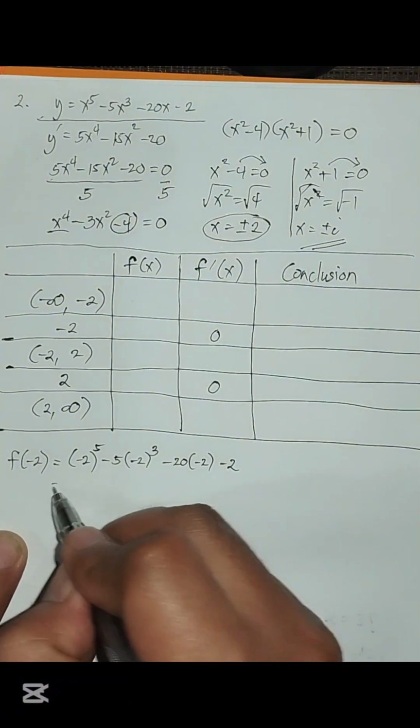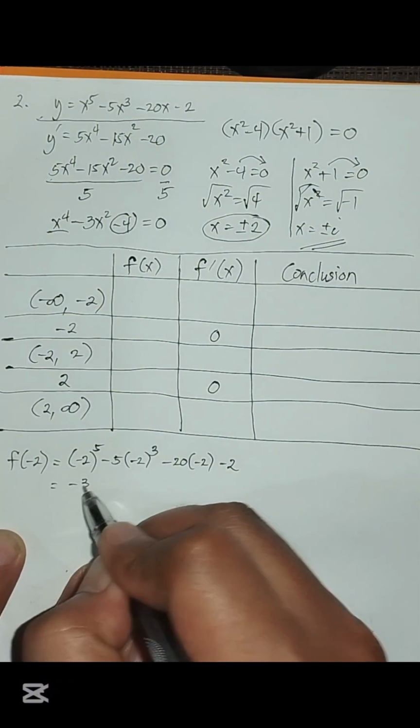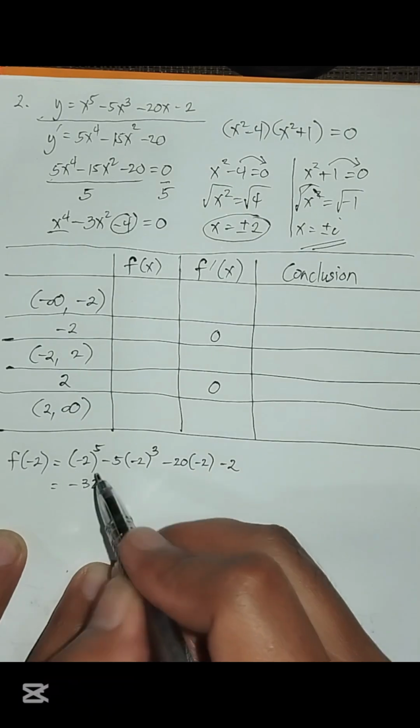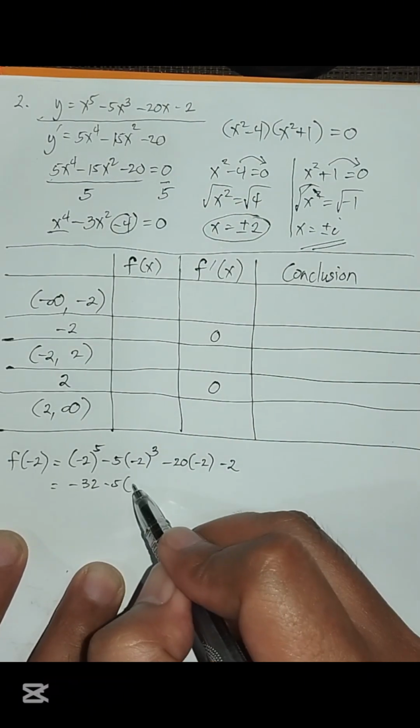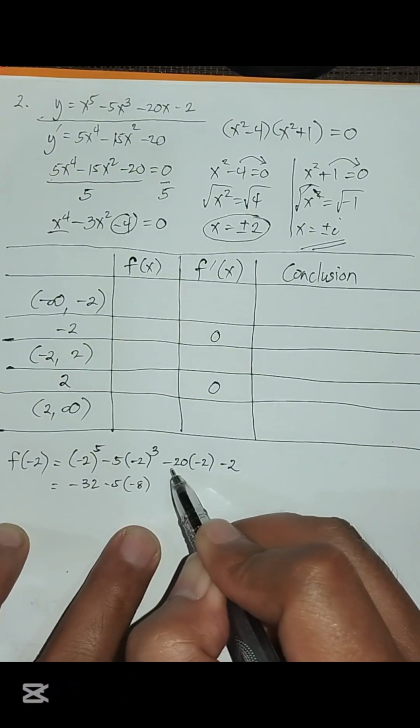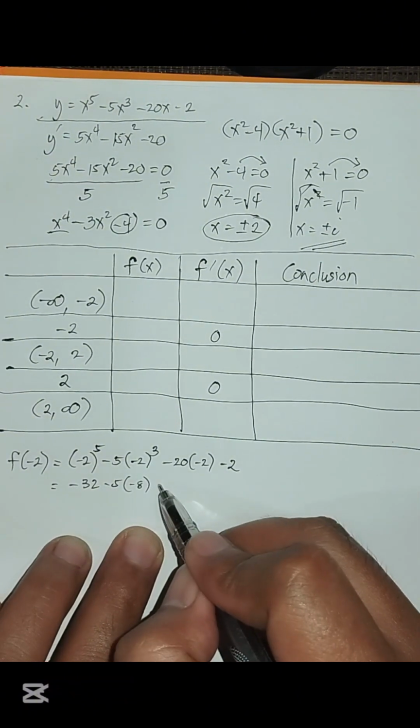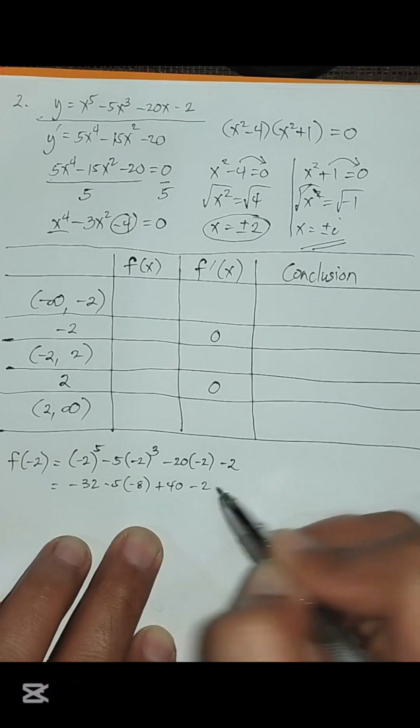Negative 2 to the fifth, 5 factors of negative 2, is negative 32. Minus 5 times negative 2 cubed, that is negative 8. And then negative 20 times negative 2 is positive 40, and then minus 2.